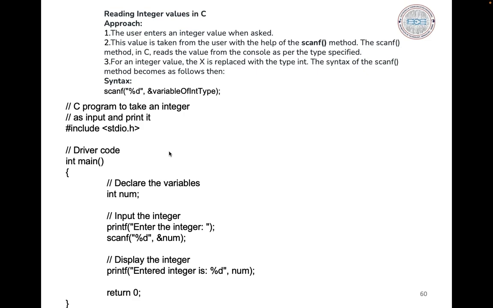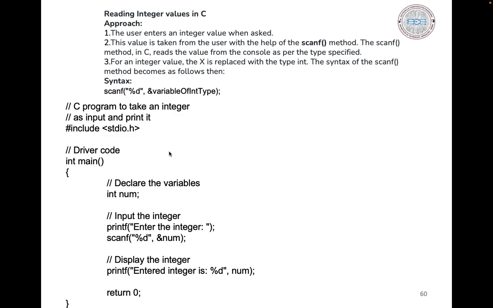Here, reading integer values using scanf statements. The user enters an integer value when asked. This value is taken from the user with the help of the scanf method. The scanf method in C reads the value from the console as per the type specified. For an integer value, the x is replaced with the type int. The syntax of the scanf method becomes scanf %d &variable of int type.